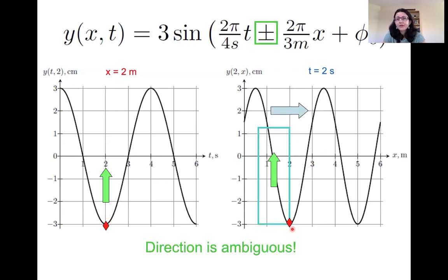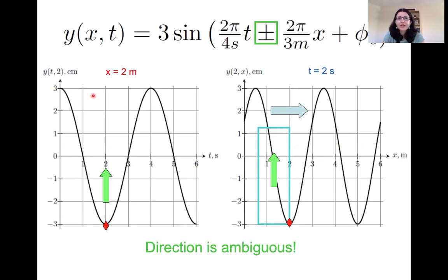So in other words, if your common point is either a trough or a crest, because when you're at a crest, again, the only way you can move is down, regardless of which direction your wave is moving, this is one ambiguous data point that you can have on these two plots, which does not tell you the direction directly.